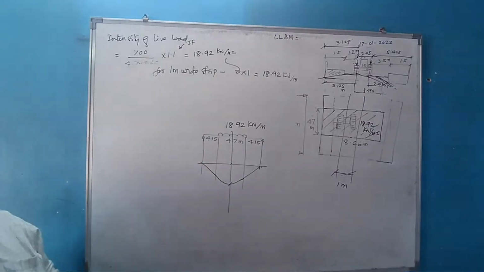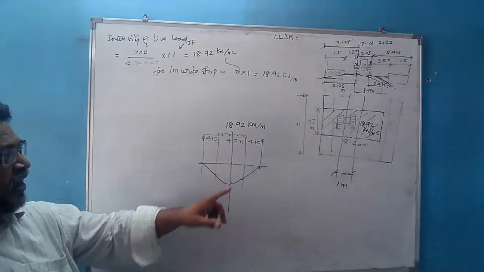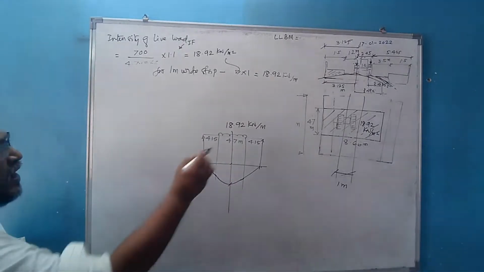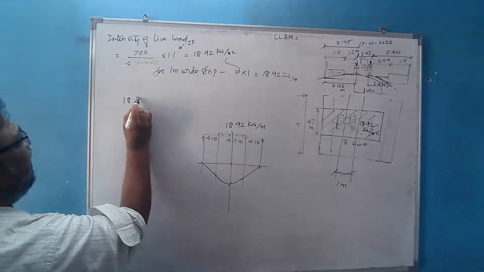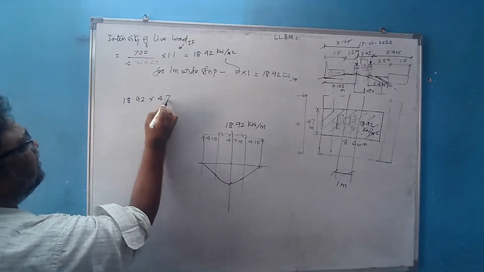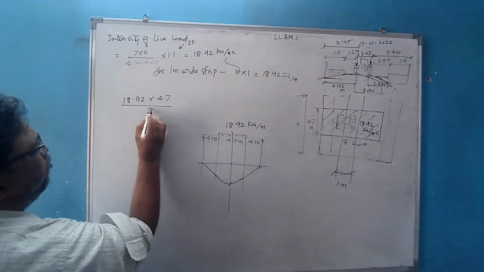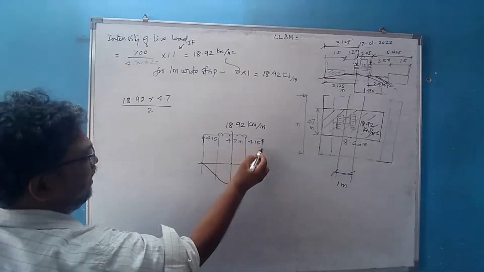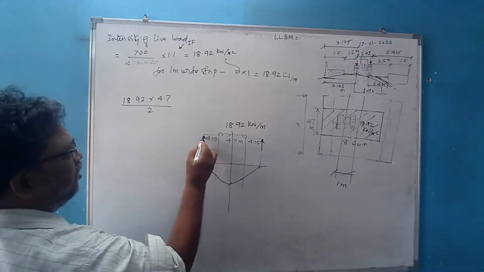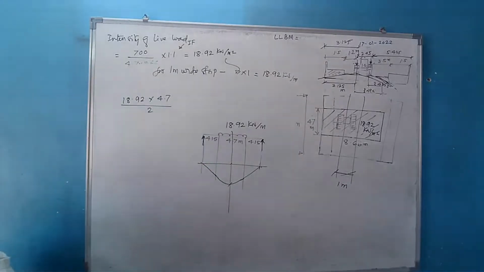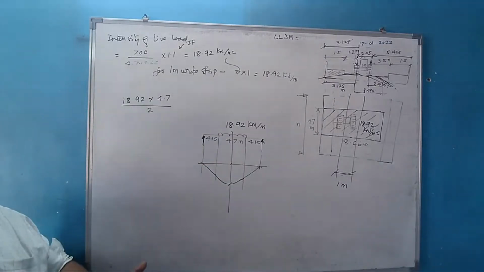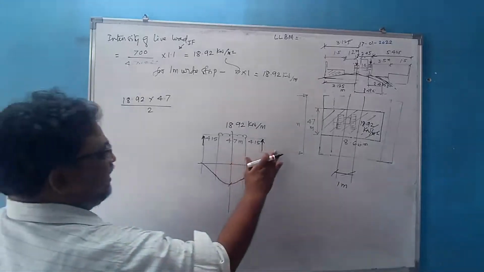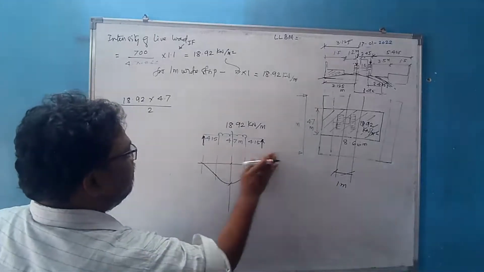How to get this? Get the support reactions and then get the bending moment. How much will the reaction be? 18.92 multiplied by 4.7, total load, divided by 2 because it is symmetric. The reactions are equal because the loading is symmetric. It is a symmetric beam, symmetrically loaded. So the two reactions are equal. Get the reactions.